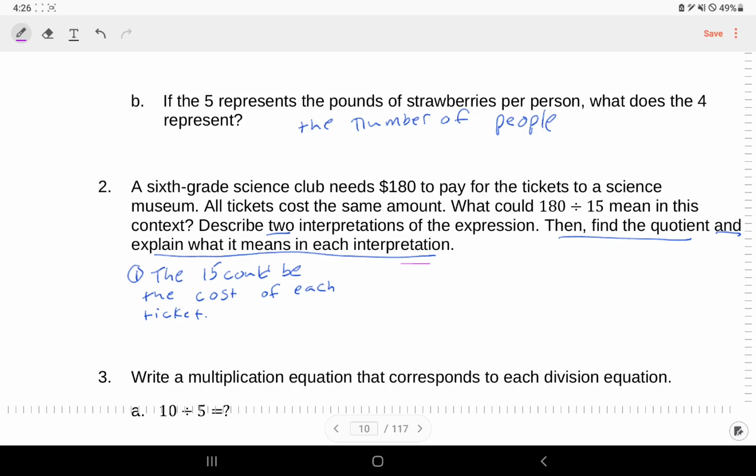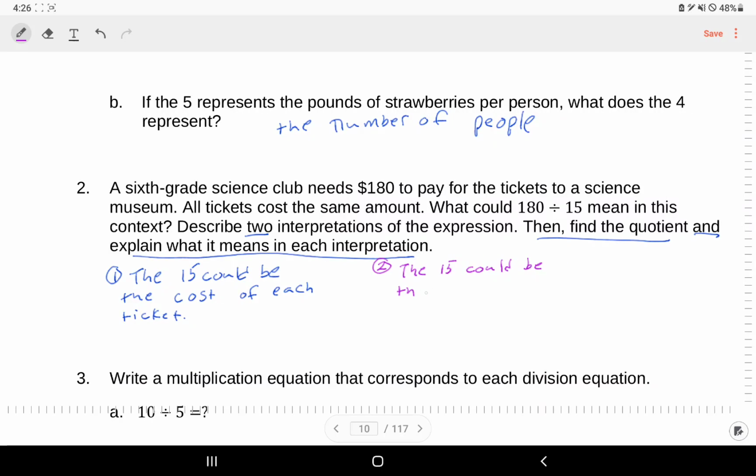Second scenario, the 15 could be the number of students going.